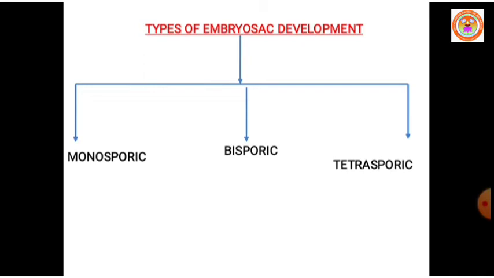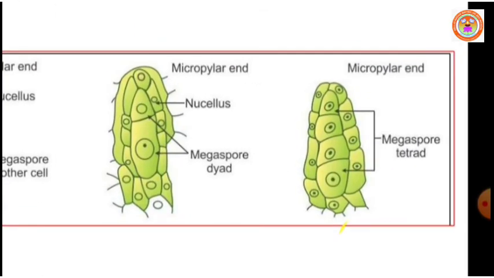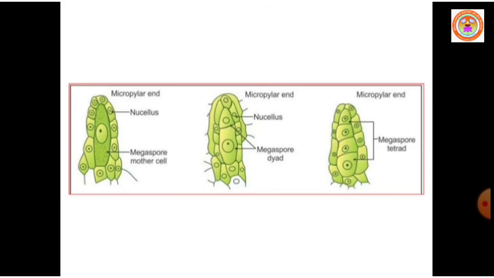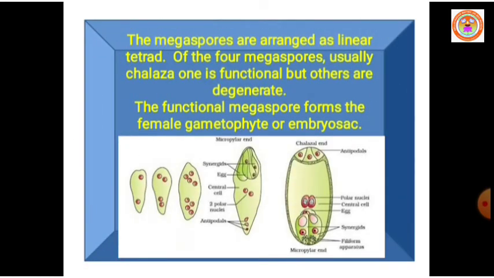Megaspores are usually arranged in a linear form. See this picture. 4 megaspores arranged linearly are called a megaspore tetrad. Out of 4 megaspores, usually the chalazal one is functional and the other 3 megaspores will degenerate.